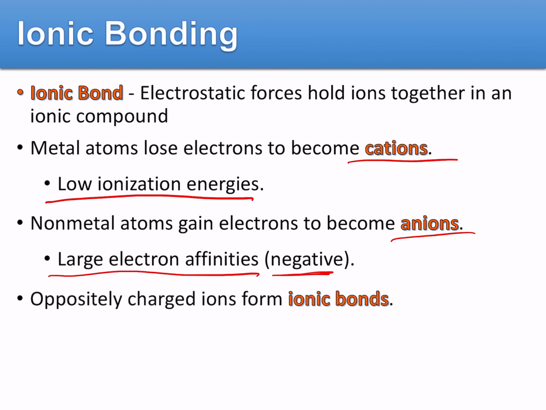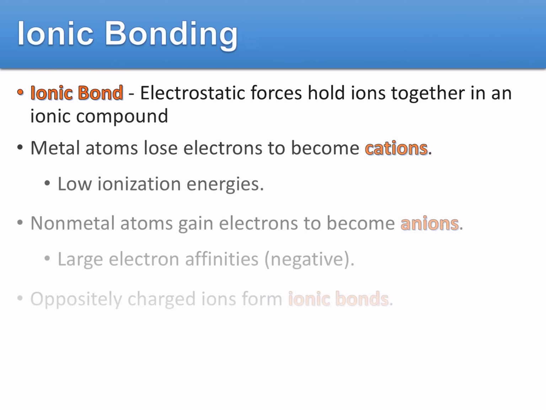So that ionic bond forms because those opposite charges attract each other. Think in terms of a positively charged particle, that's your cation, and a negatively charged particle, that's your anion. Those two particles are held together because of that attraction between opposite charges.